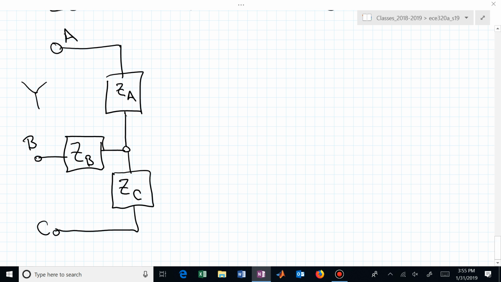The delta is similar, and this Z sub A is not the same as the other Z sub A, so maybe I'll put a party hat on it.